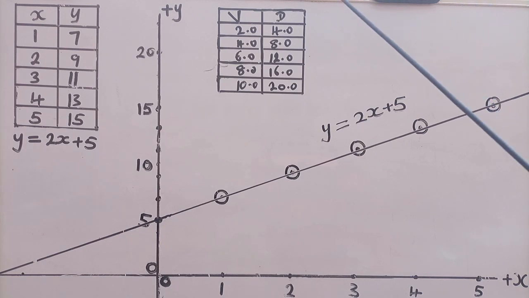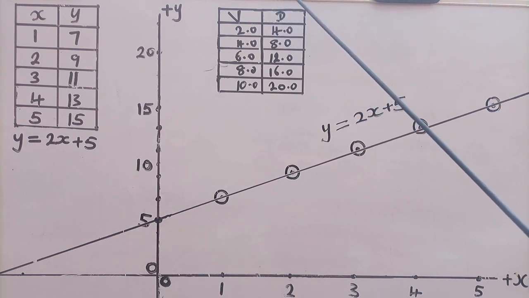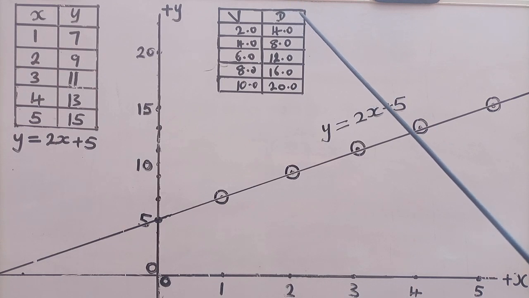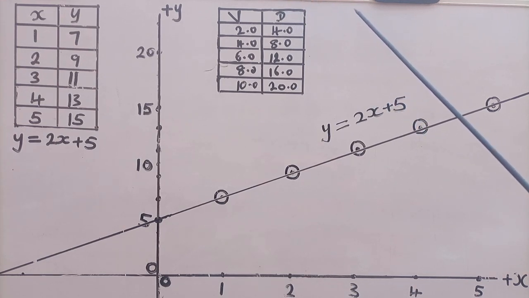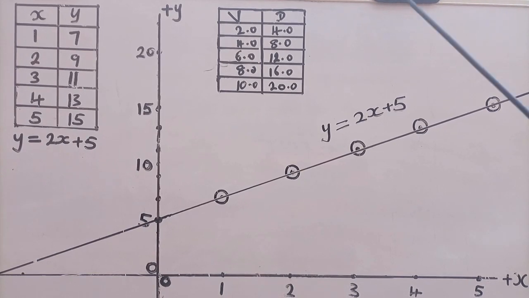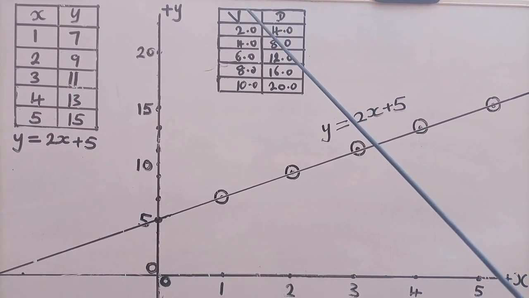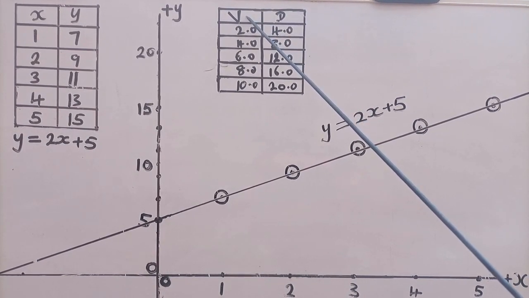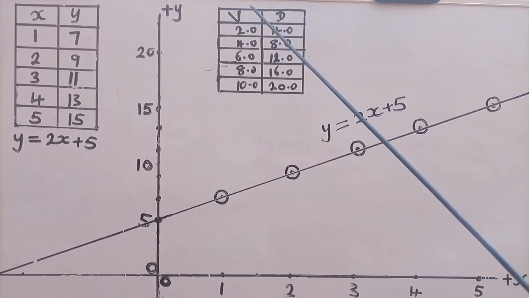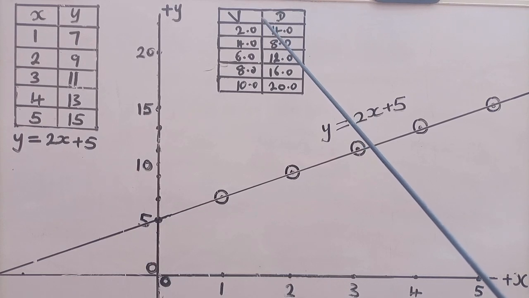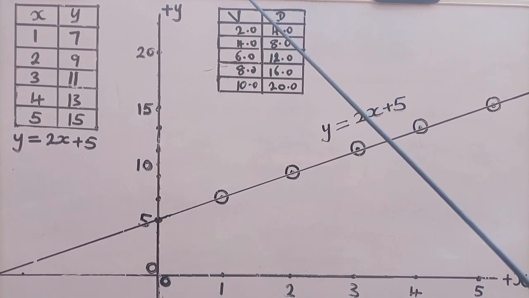Recall, this is a table summarizing the rate of consumption of petrol by a given vehicle. I hope you remember. Now, concentrate on this column that describes changes in the volumes of petrol consumed by the vehicle.